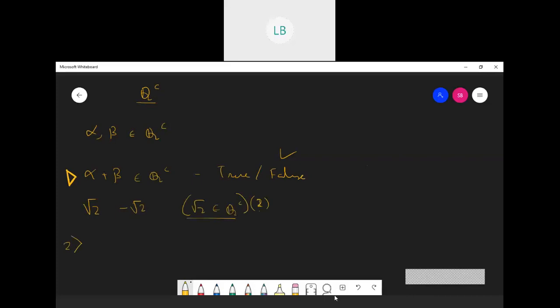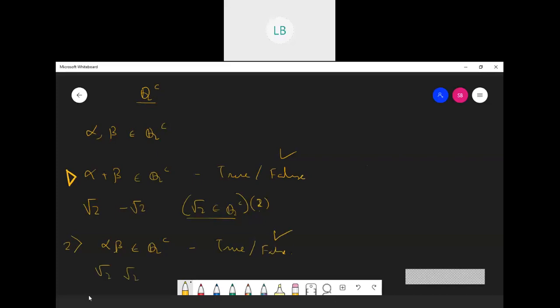Now let us go to the second thing: if alpha, beta are irrational numbers, then what about alpha times beta? Can we imply that alpha times beta will always be irrational? Is this true or false? False. Correct. Again, why is it false? Let's take root 2 and root 2 to be alpha and beta.